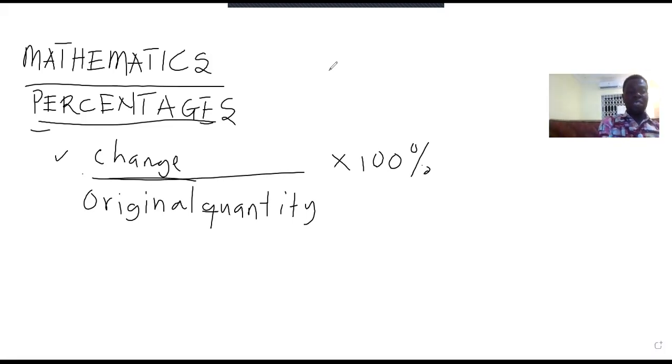Then we also talked about percentage increase and percentage decrease in quantities. And I explained to you that anything original, the original quantity, the original price, the original amount, should be equivalent to 100%.